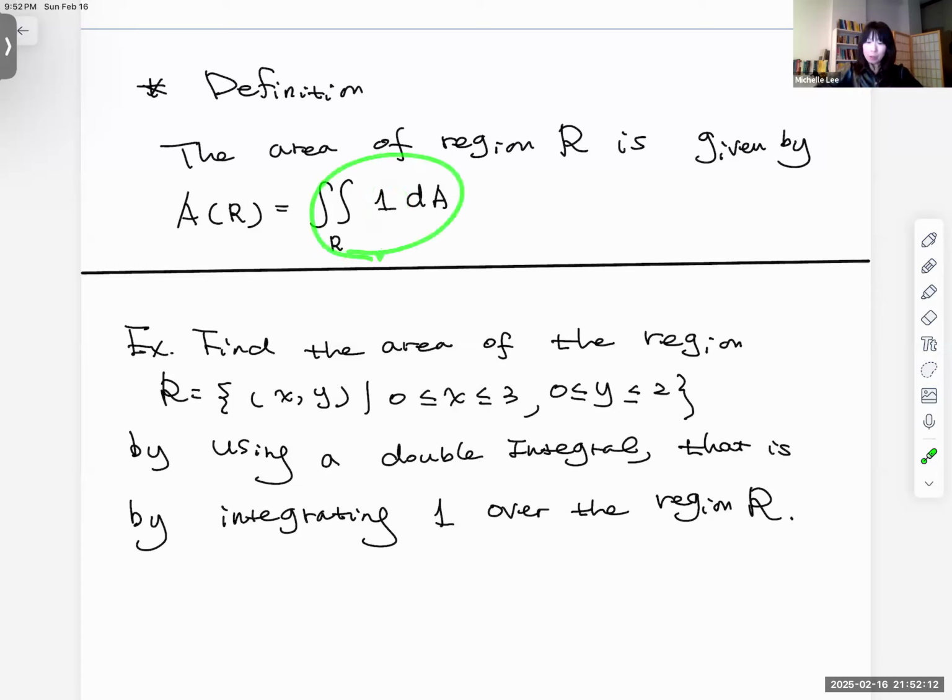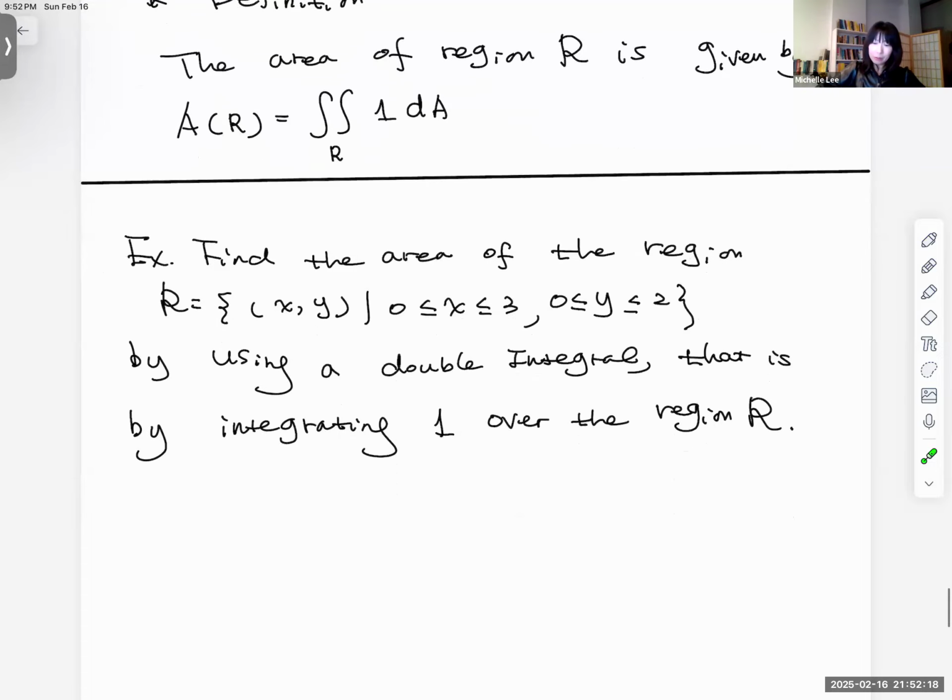Let's understand this one, how we find the area, right? So this is the problem. So we have this region, x is between 0 and 3, y is between 0 and 2. So we want to find the area, right? By using double integration.